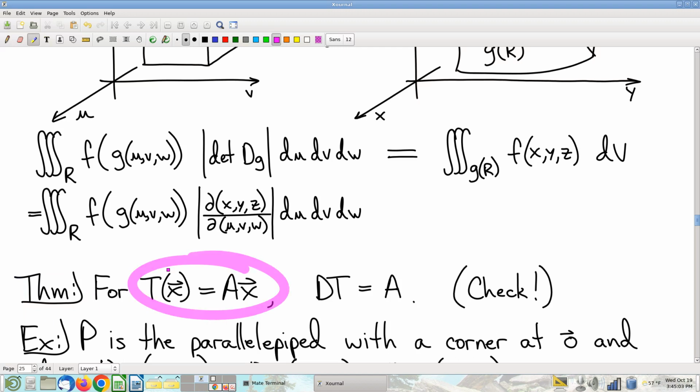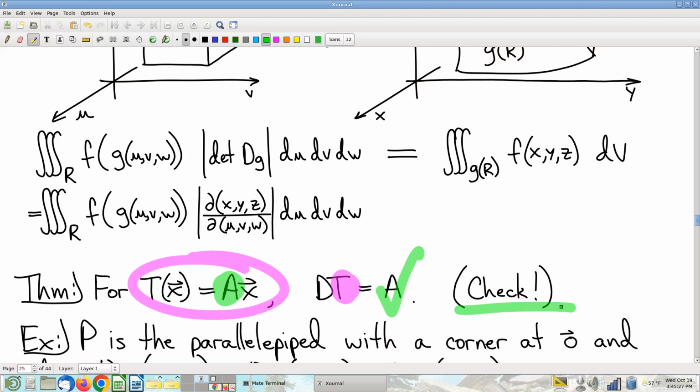If you have a linear transformation defined by a matrix, then the derivative of that linear transformation is, believe it or not, the same matrix. This is another one that's easy to check. But feel free to restrict yourself to just 3x3, which is plenty.